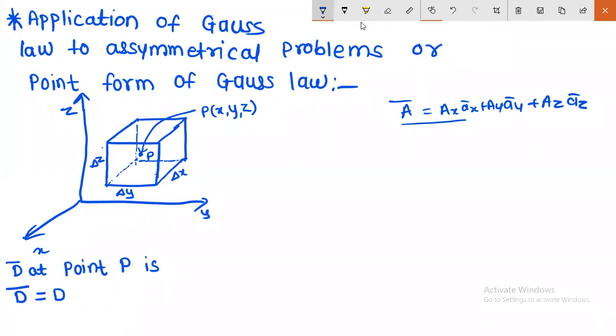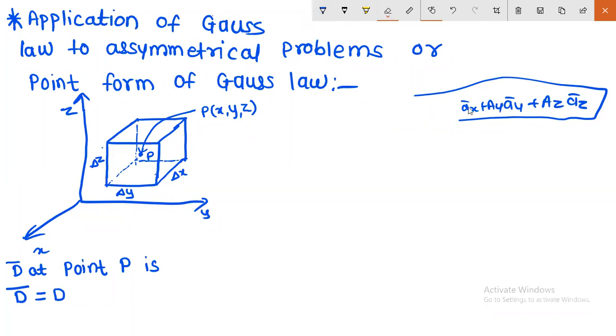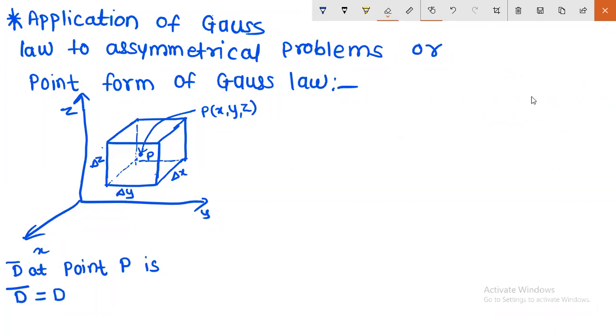Right? We write a vector like this in the Cartesian coordinate system. So we have to write the vector D bar in the same way, but by considering the center here. So this D bar can be written as Dx0 into unit vector a bar x plus Dy0 into unit vector a bar y plus Dz0 into unit vector a bar z.